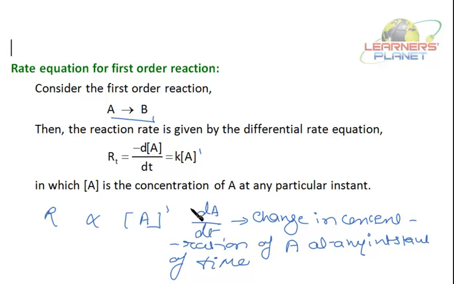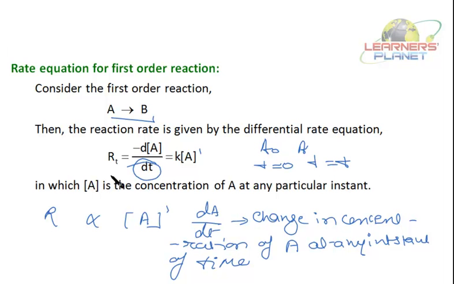That is, the rate of reaction depends on the concentration of a single entity, or there is one variable in the rate law expression. Now what we can do is integrate this. Integrate the concentration within the limits A0 to A. A0 is the concentration at time t equal to 0, and A is the concentration at time t.